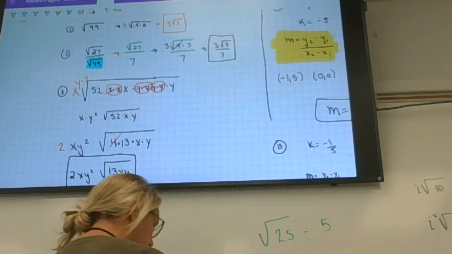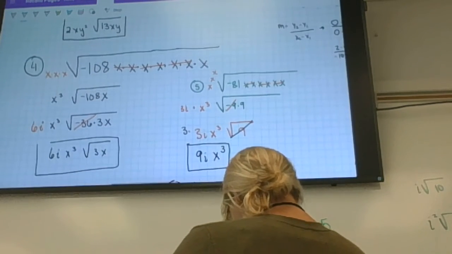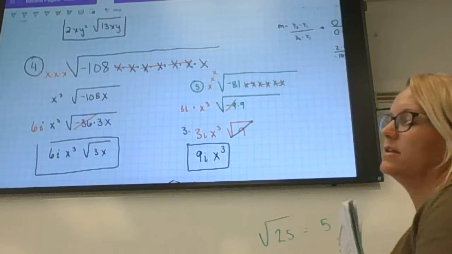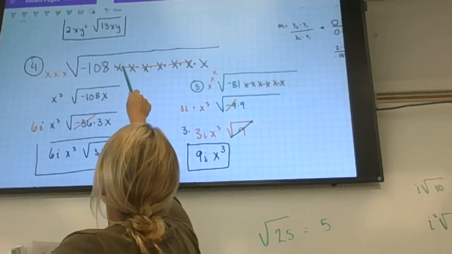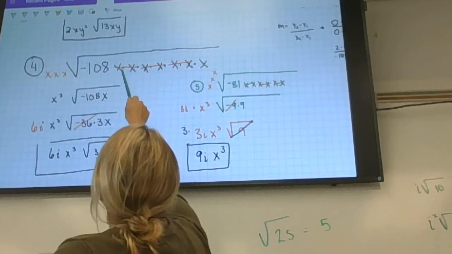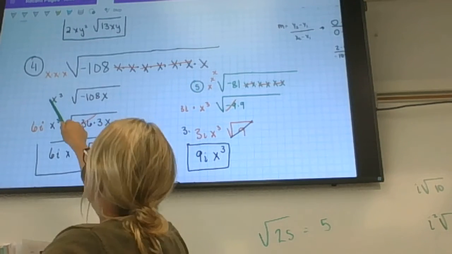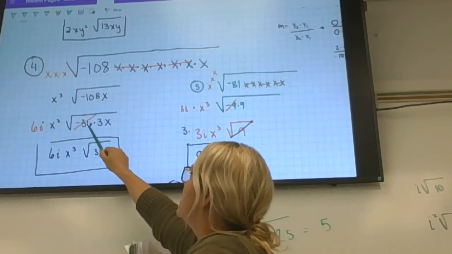Okay, let's see how the next one looks. There's 4 and 5. So 4, I showed the x's first. So it looks like there was 1, 2, 3, 4, 5, 6, 7. So I was able to do 3 groups of 2, making it x to the third. 108, 36 and 3.